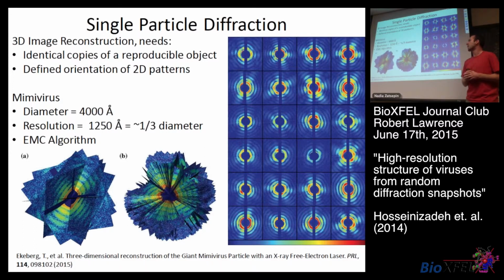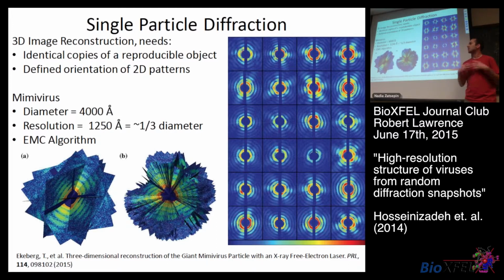That's about 1/3 the diameter of the particle. The Mimi virus itself is about 4,000 angstroms in diameter. So it's useful because it shows that it can be done in practice.